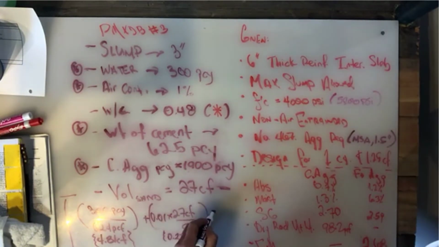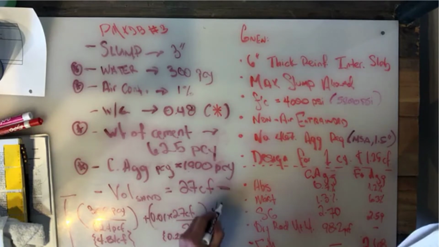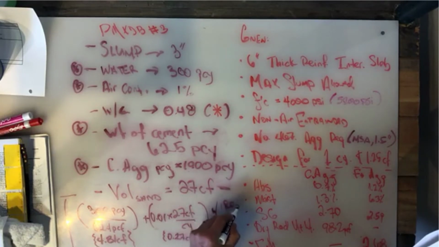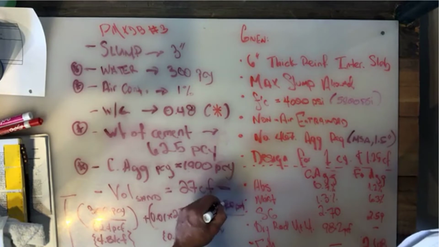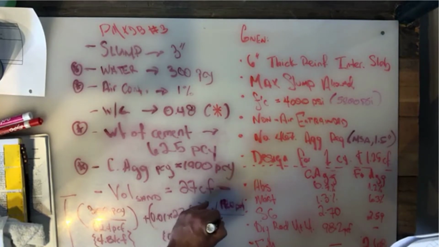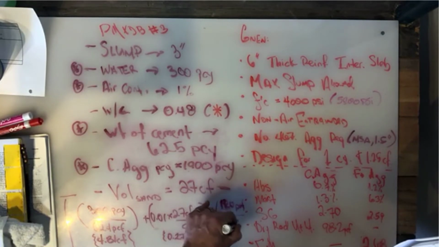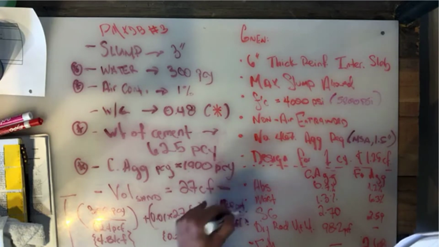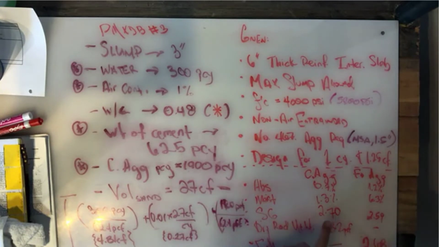I add into that my coarse aggregate, which is 1,900 pounds per cubic yard, divided by my 62.4 pounds per cubic foot, times my specific gravity of my coarse ag, which was 2.70. What does that equal? 11.3 cubic feet.